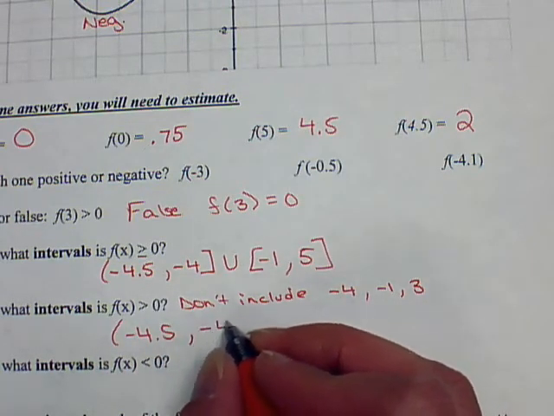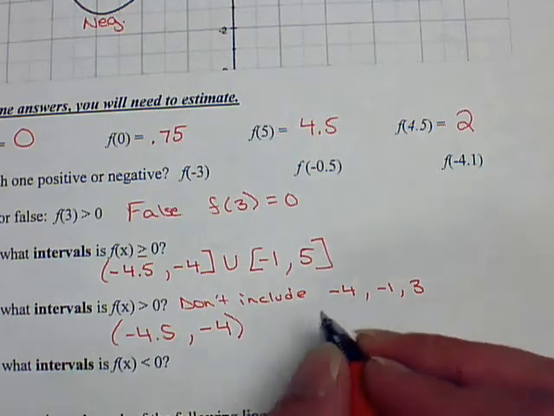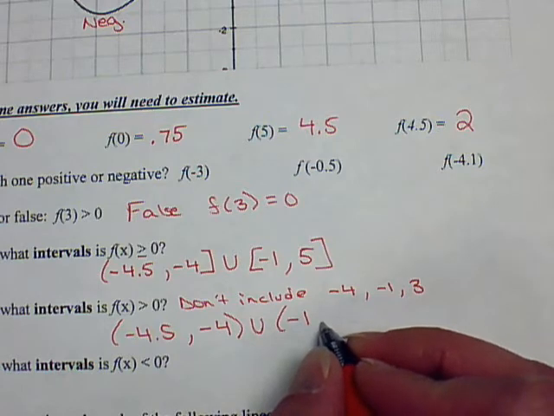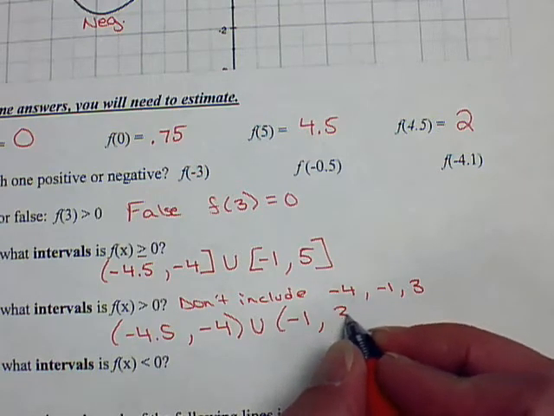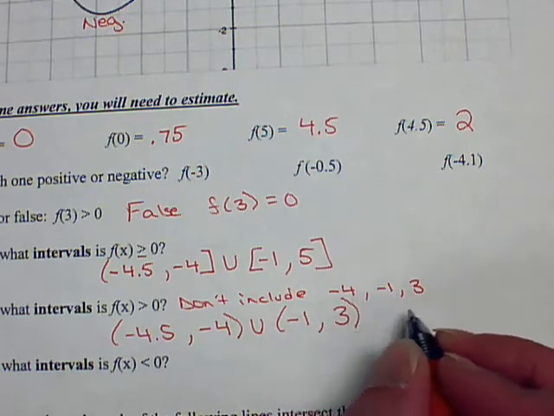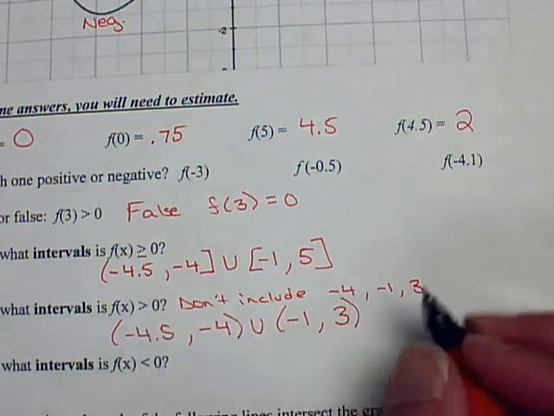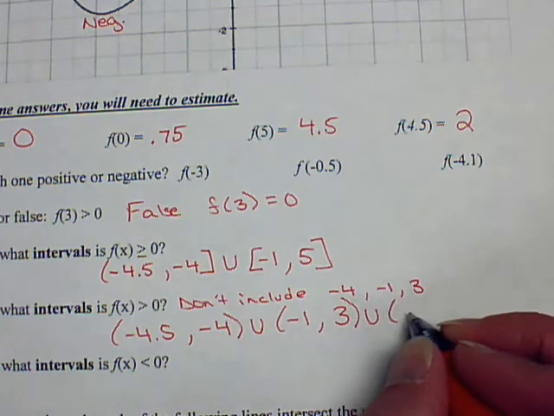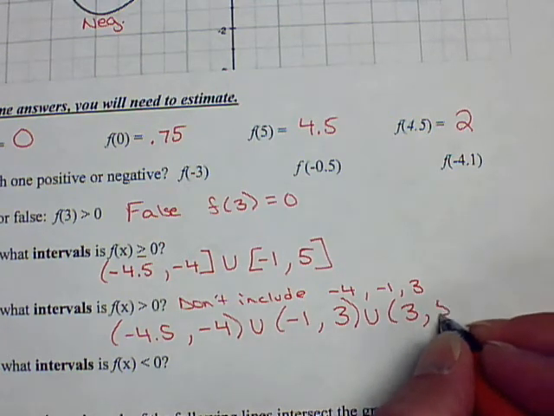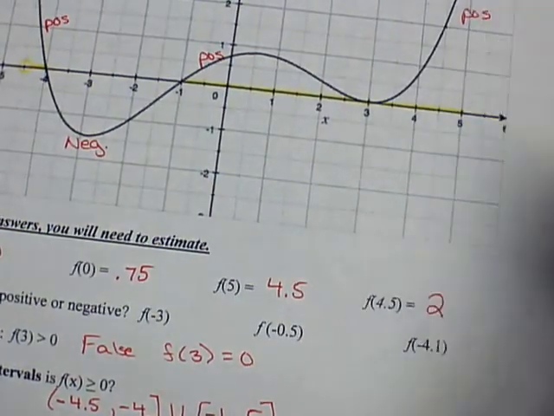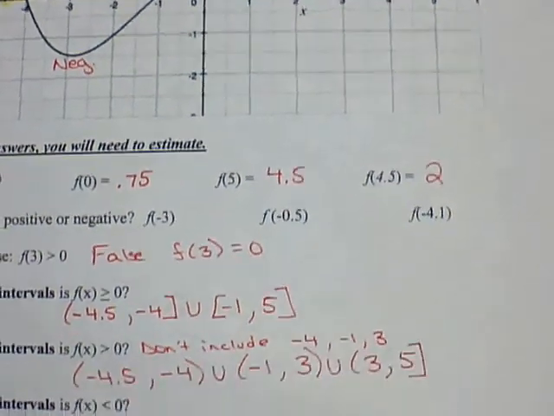We go up to negative 4, but we don't really include it this time. Start back over negative 1, but then we have to stop at 3, because when x is 3, y actually equals 0. And then we're going to start over again and go all the way to 5. Now when x is 5, the graph is positive. So we can include 5.